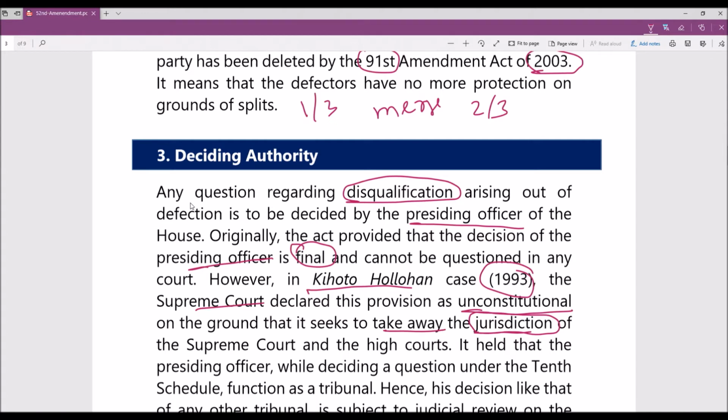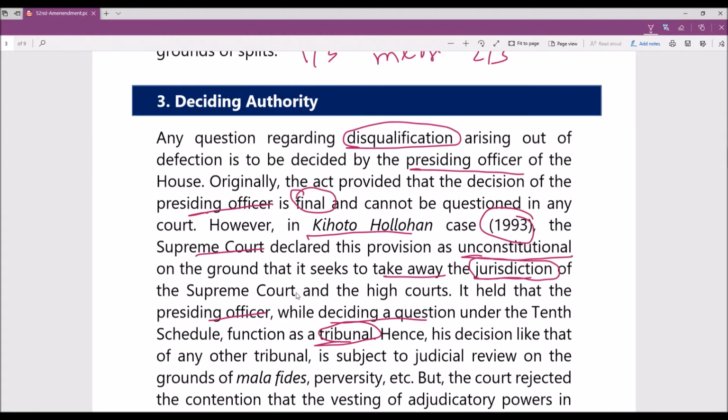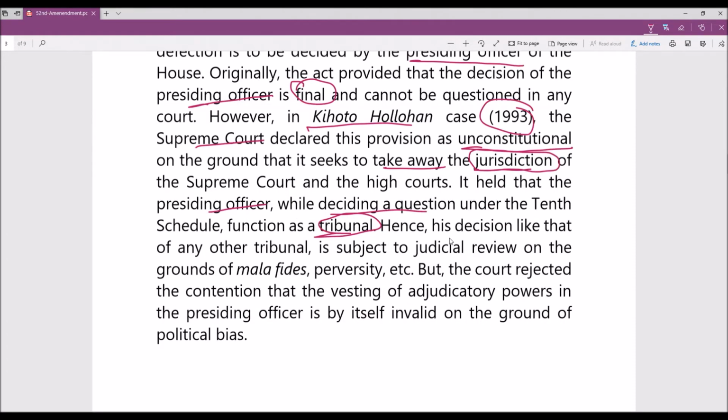It held that the presiding officer, while deciding the question under the 10th Schedule, functions as a tribunal. What is a tribunal? One that follows the natural law of justice. Hence the decision of the Speaker of the House is like that of any other tribunal. It is subject to judicial review because the Speaker may be wrong.